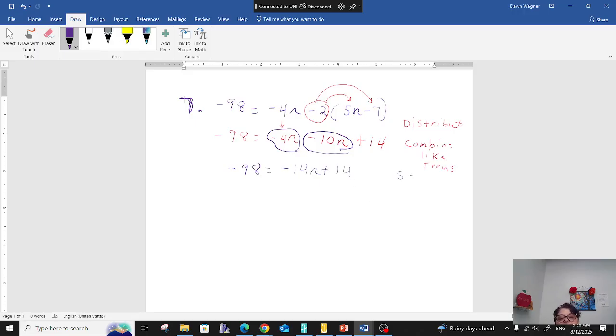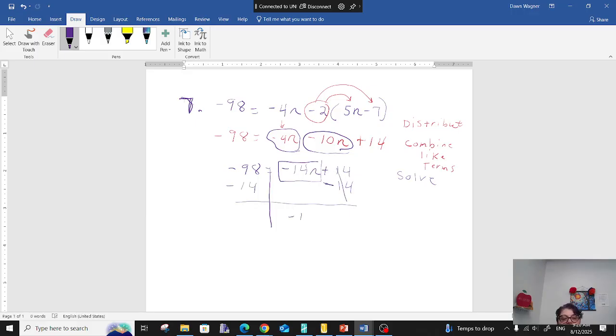Now I can start solving because now it looks like a 2-step equation. Now is when we use inverse operations. So I'm going to put my line here. Here's the variables on this side. So I want to get rid of this plus 14 since I want to isolate the variable. Here's the variable. It needs to be isolated. So minus 14, right?